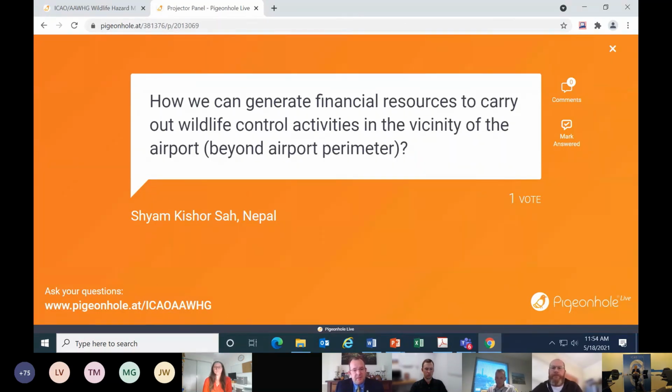And how do we generate financial resources to carry it out? That's a tough one. But there might be other resources in your region or country you could tap into, possibly through the universities and the education system, or from other people in the region. Possibly it's not just the airport itself, but talking to the airlines and the other operators in the vicinity to get some help as well.